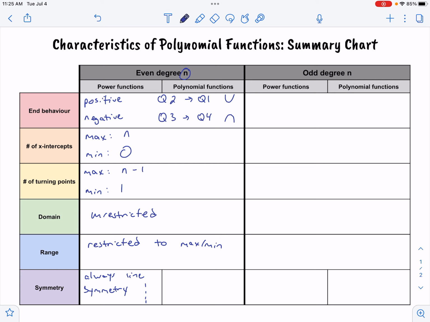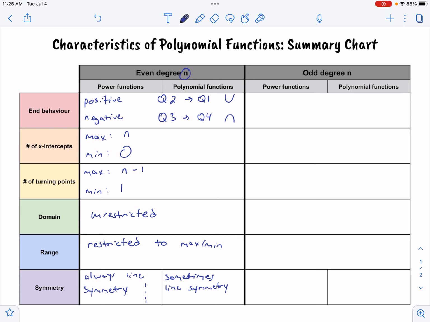Now, with our polynomial functions, sometimes there's going to be line symmetry, sometimes there's not. So I'm just going to write sometimes. It's always nice when there is because it makes sketching a little bit easier, but no promises. And that's it. That's everything you need to know about your even degree polynomials.